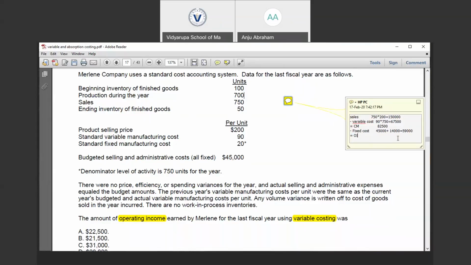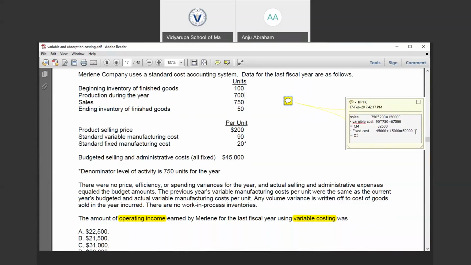How did we get 14,000? Okay, let me just check. The sales level is 750 units. So we need to expense the fixed overhead for those units, 20 into 750, which is 15,000.